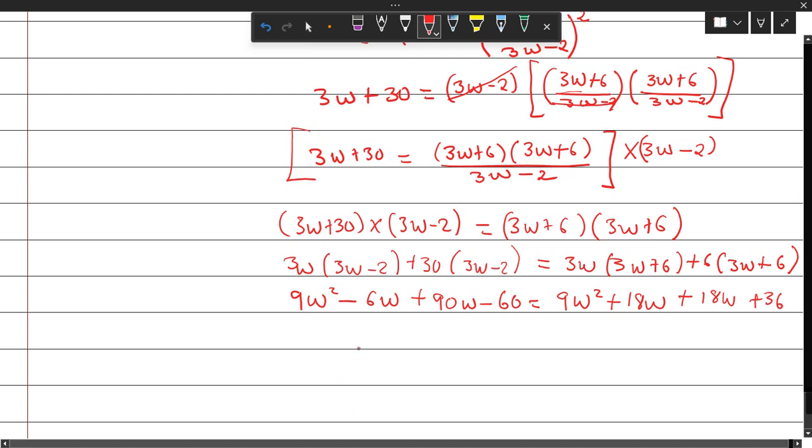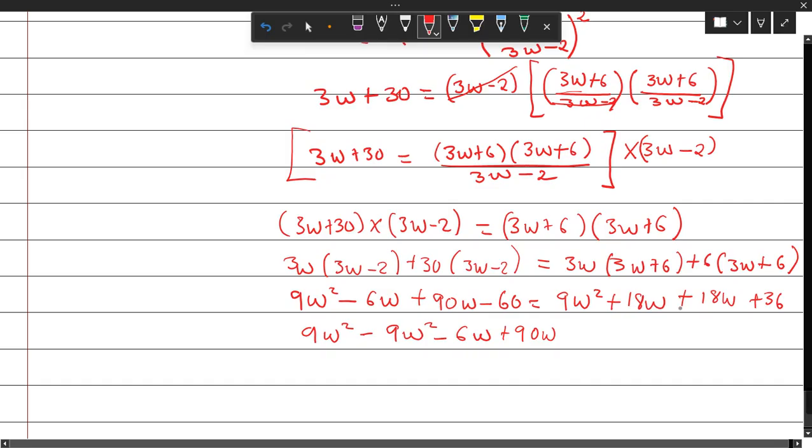So now we group terms together. So here we have 9w squared. So we take all the terms to one side. So we say minus, when it crosses the equal sign, it will be 9w squared. Okay. Then we can say minus 6w plus 90w, which else?